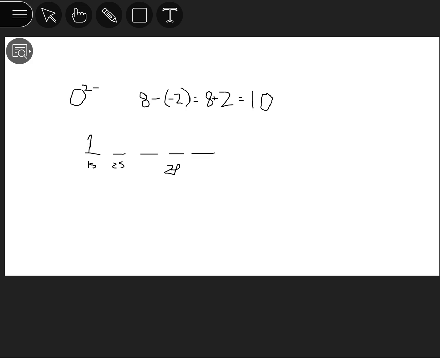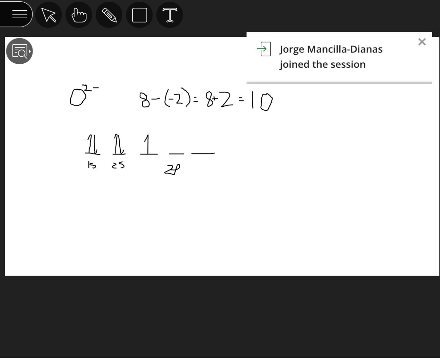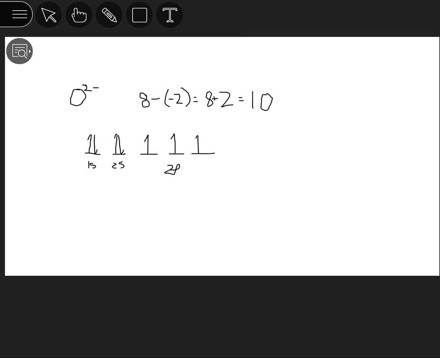The S's only get 2 electrons. And then the last 6 have to go in the 2p. The 2p, you have to put 1 in each box before you start coming back and filling them up.